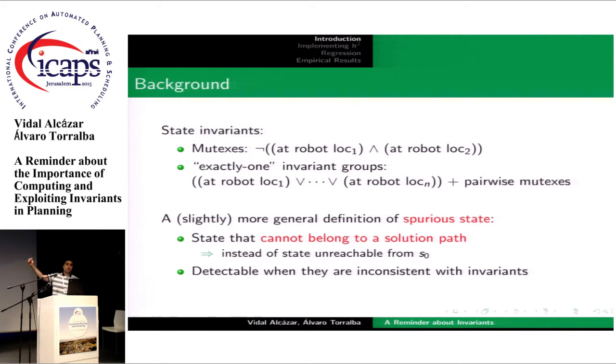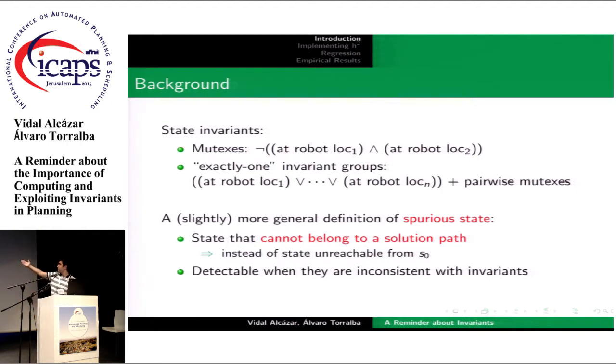Okay, and we are going to consider two types of formulas. On the one hand, mutexes, which are pairs of fluents, pairs of propositions, that cannot happen at the same time. So for example, an object cannot be in two locations at the same time. And also, we consider exactly-one invariant groups, which are sets of facts such that exactly one is true.